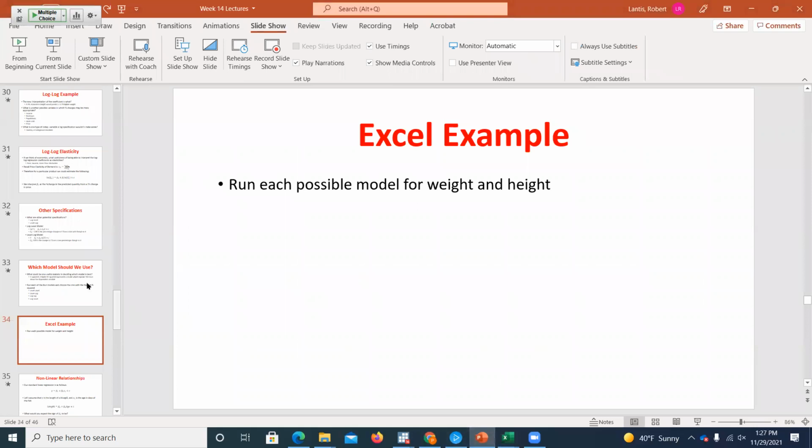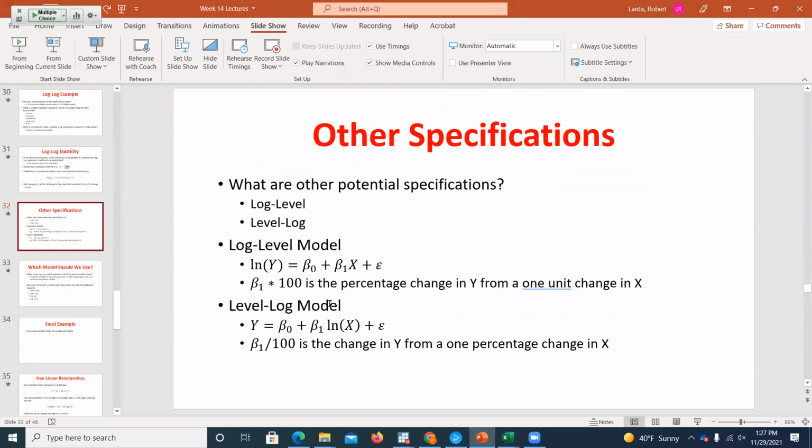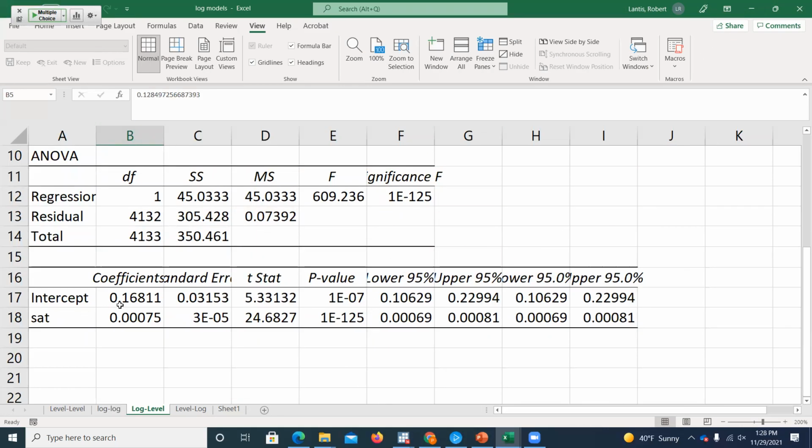We know it should be in percentages, but there's a factor that we're going to need to use. There's no way that we're going to have this memorized at this point, but anytime I've got a log-level model, I take the coefficient and multiply it by 100. An easy way to remember that: if you're going from units to percent, you have to move the decimal, so you multiply by 100.